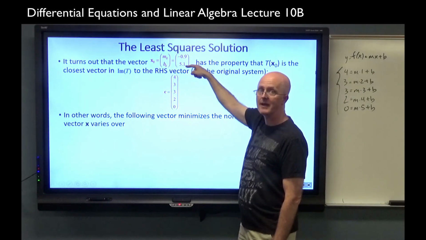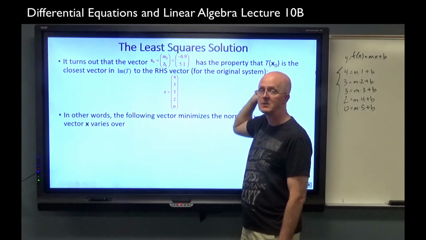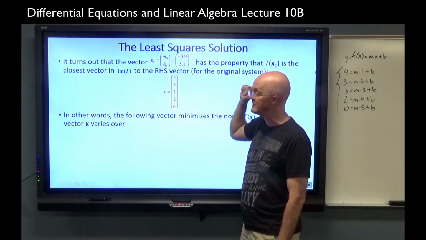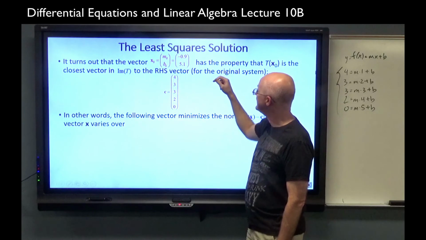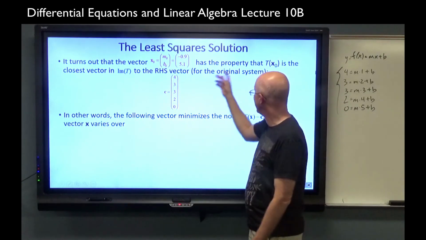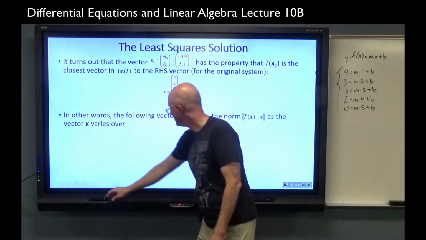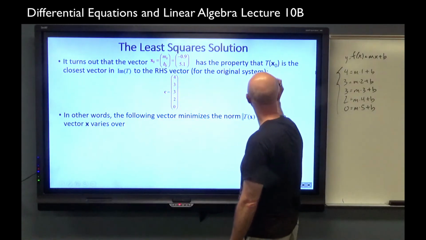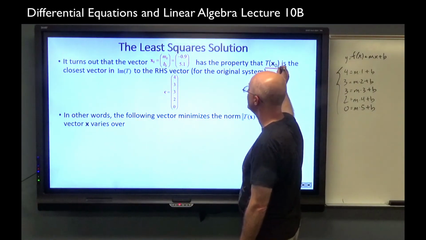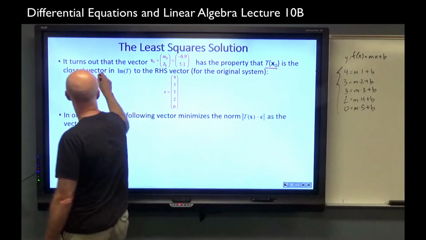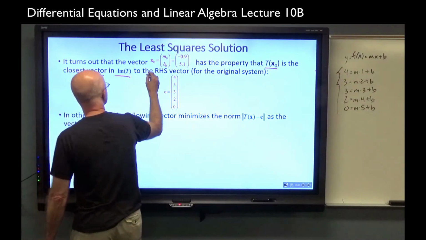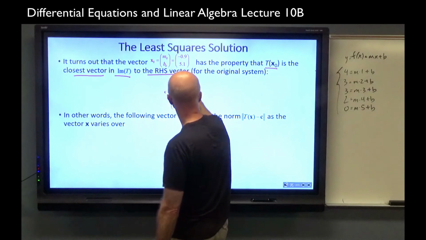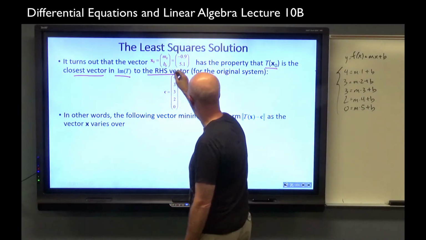The slope and the intercept of the least squares line that fit the data as well as possible, according to Mathematica, is what is called the least squares solution, and it has the property that the image of this point under T is the closest vector in the entire image of T to the right-hand side vector, C, for the original system.